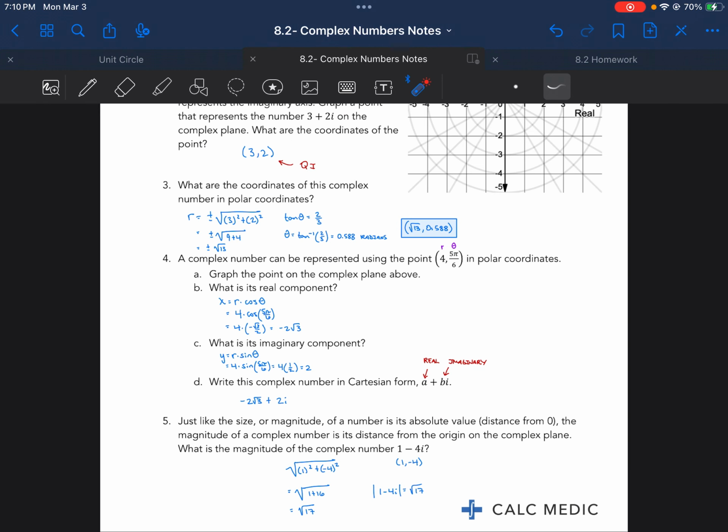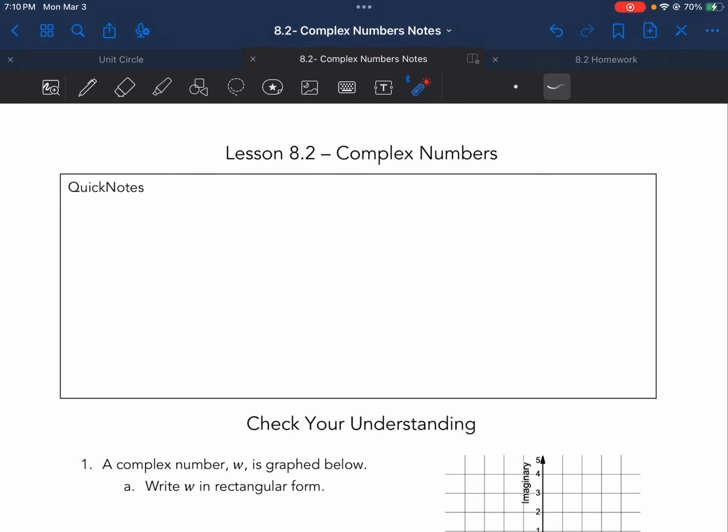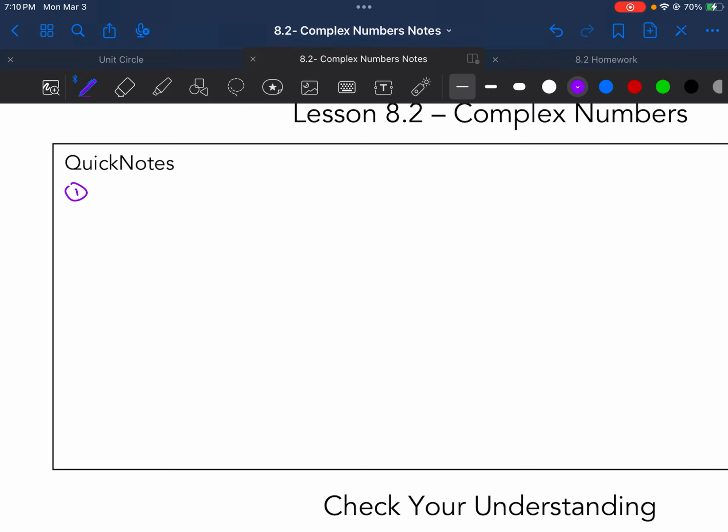So let's go ahead and jump to the quick notes. Let's formalize this a little bit. First thing, a complex number, and we're going to use lowercase z to represent a complex number.